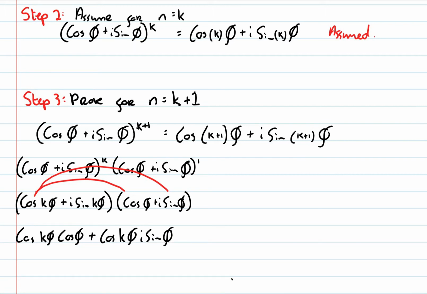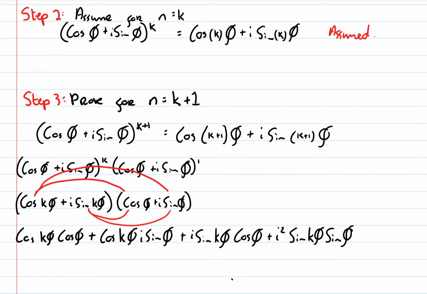And the next one is this by this, so it's plus i sin k theta cos theta. And the last one, i sin k theta by i sin theta. Well, the i by i will give me i squared, and then I have sin k theta sin theta.